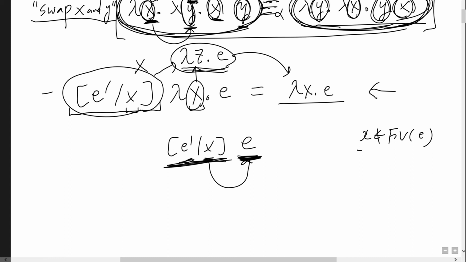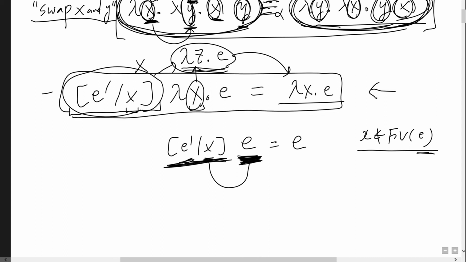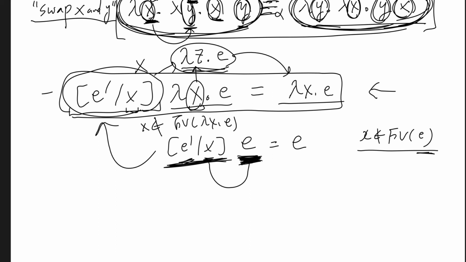But if x is not in the set of free variables of expression e, there's no such global variable in expression e. So therefore, it has no effect. And you can think of this case as a special case of this one, because this lambda abstraction's set of free variables does not contain this variable x.